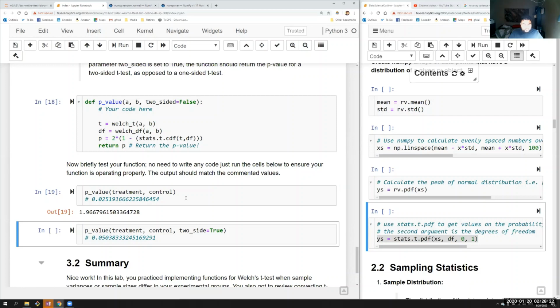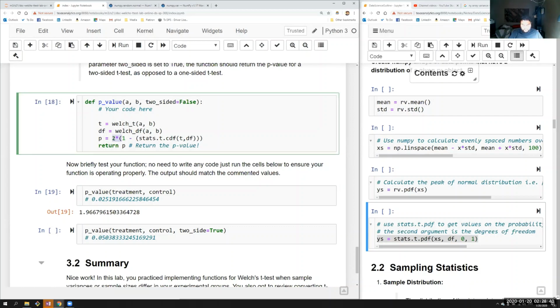Okay, that did not work out correctly. What did I do wrong? Did I forget to take the absolute value of something? That can't be right. Hang on, let's see what the p comes back as. It should be the same as what we got before.